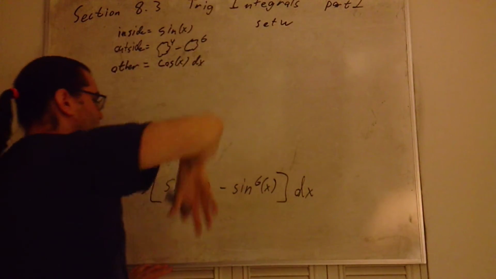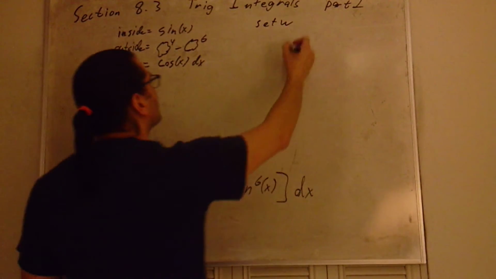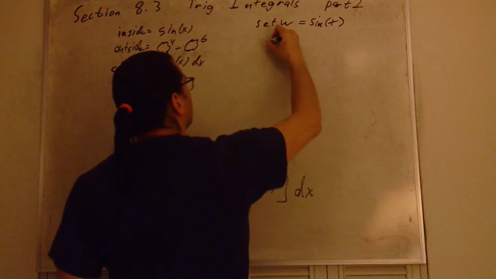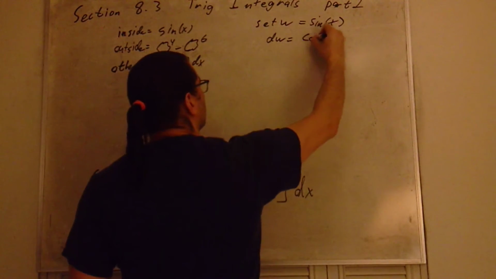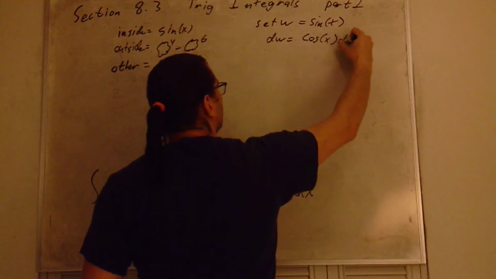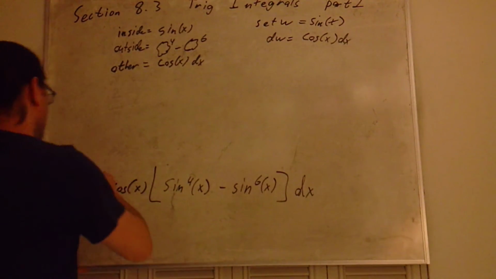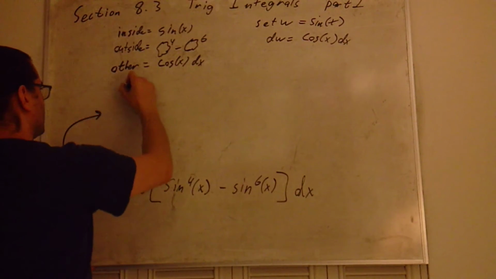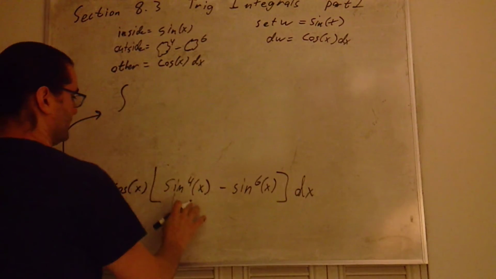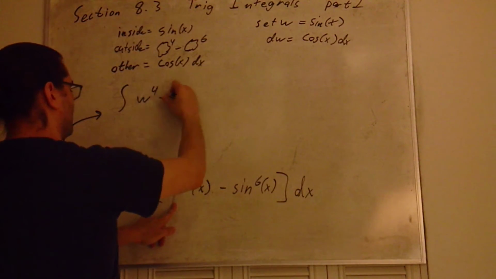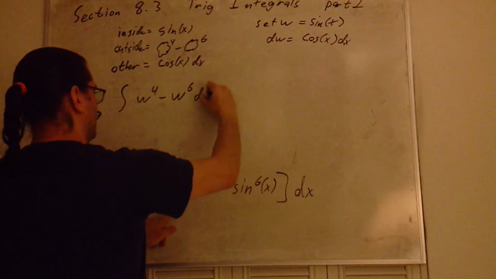The rest of integration by substitution goes like normal. We're going to set w equal to the inside. And then we're going to take the derivative, and that will be a cosine. And it will perfectly match the other that we already have here. So we're going to rewrite this as the integral of w to the 4th minus w to the 6th dw.